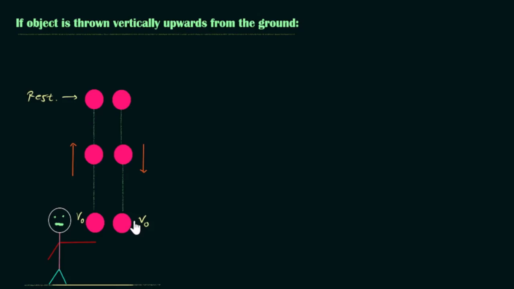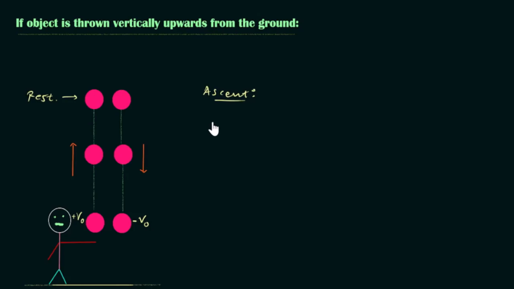We generally take downward velocity as negative and upward velocity as positive. The upward motion is known as ascent, and when the object travels vertically downward, it is known as descent. Let us first consider the case of ascent.